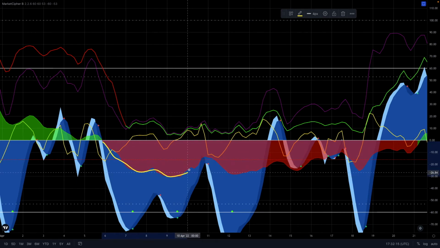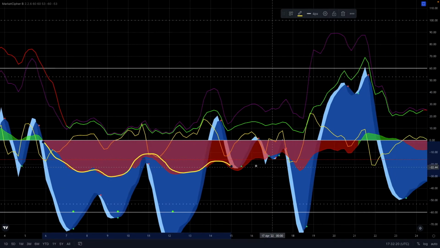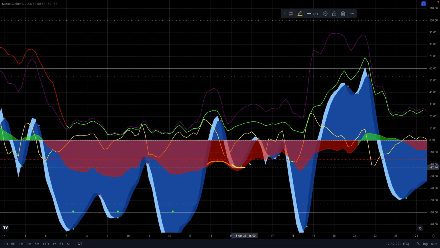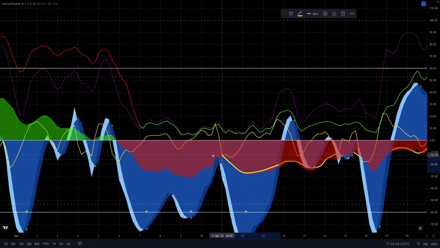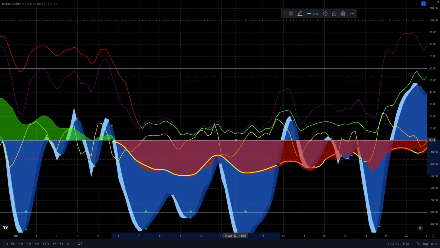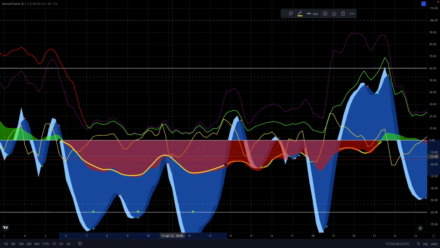We've been very bearish for a while, and liquidity has left the asset. You understand? Liquidity has left. There's not much liquidity in the asset, right? So we are still bearish here.